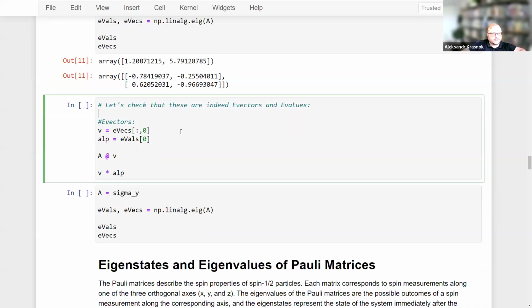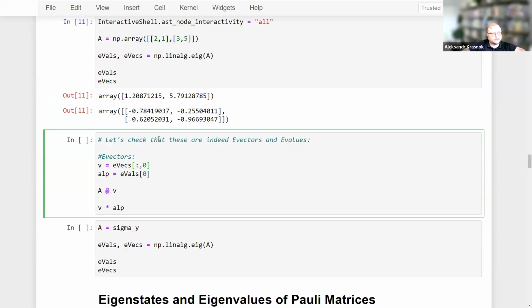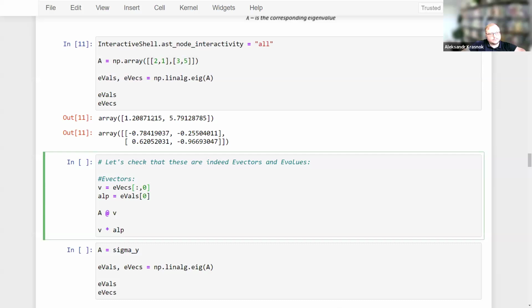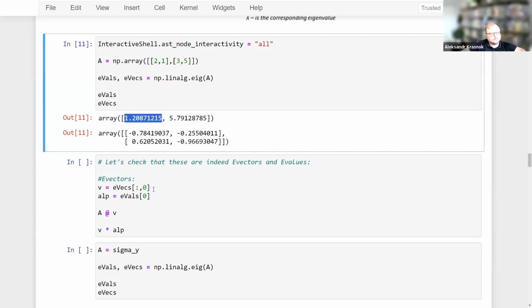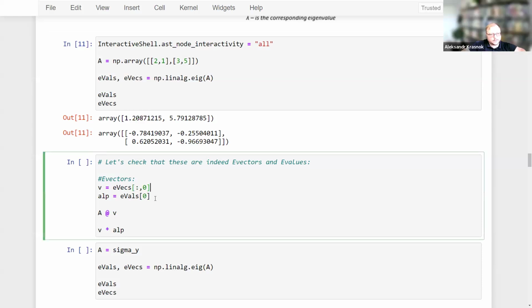Let us check that these are actually eigenvectors and eigenvalues. So first I take the first element in this array, which is the first eigenvalue, right? Then I take the first eigenvector here, the first column.